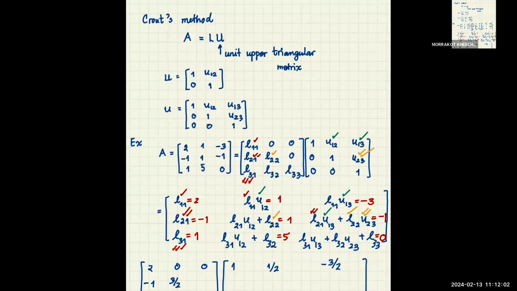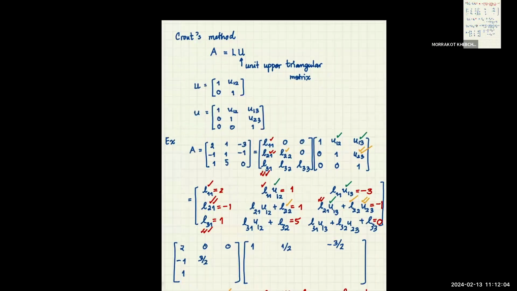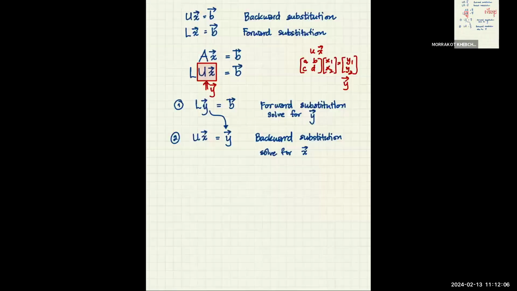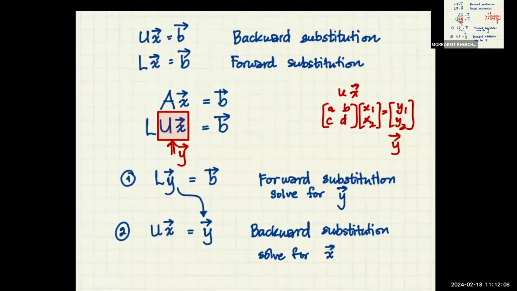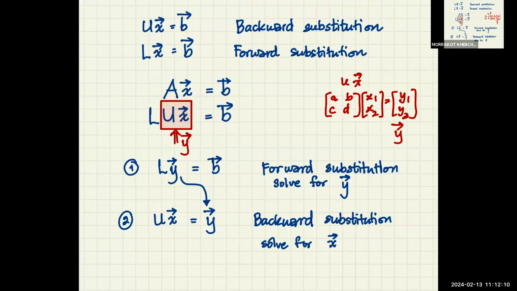Once we have the factorization, what we try to do is replace matrix A by matrix L times U. And this allows us to get the solution in only 2 steps.